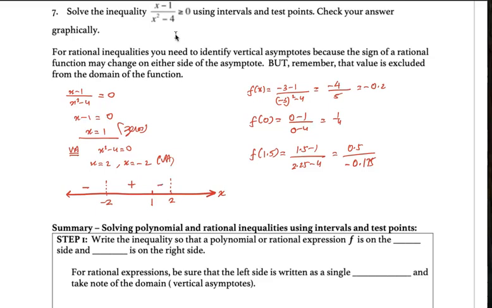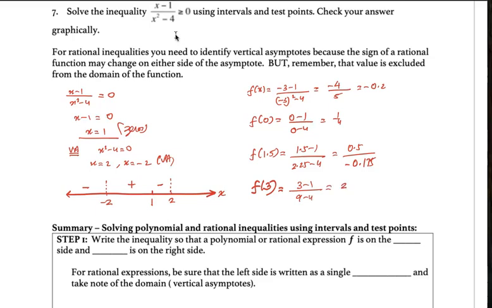Then f(3) is (3 - 1)/(9 - 4), which is 2/5, positive.